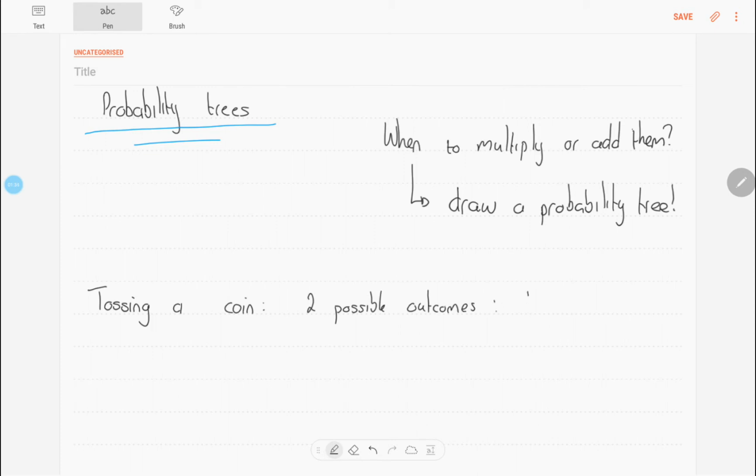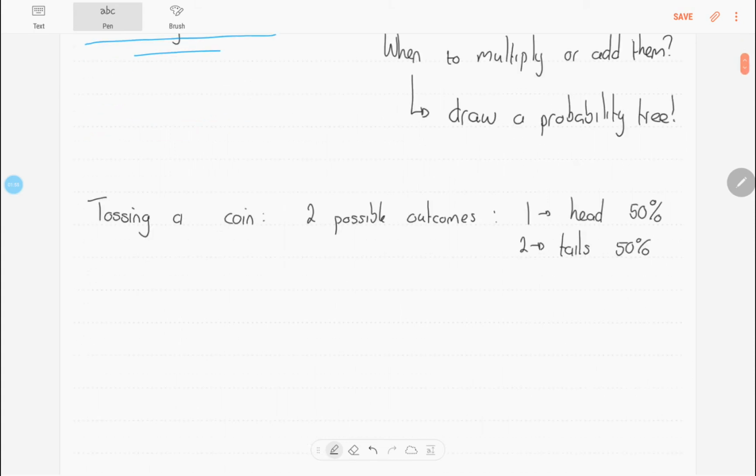One of them, it's going to land on heads, and the other one it's going to land on tails. So my probability is 50% or 50%, each way, half and half.